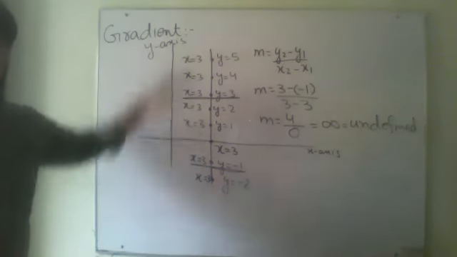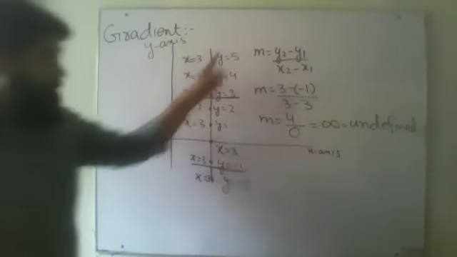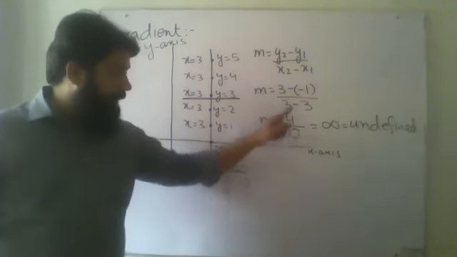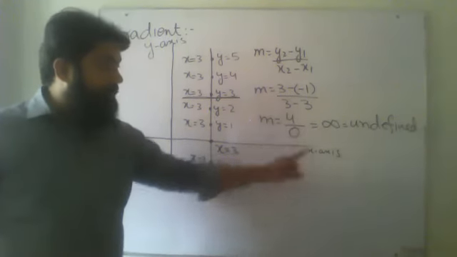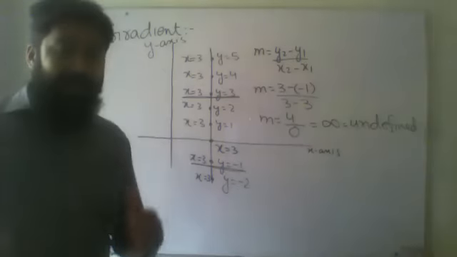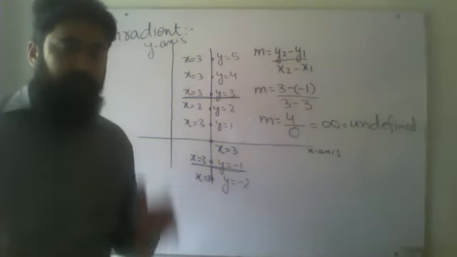Value of y are changing, but there is no change in value of x. So when I have found the gradient, my denominator is becoming 0, and whenever anything is divided by 0, the result is always undefined.